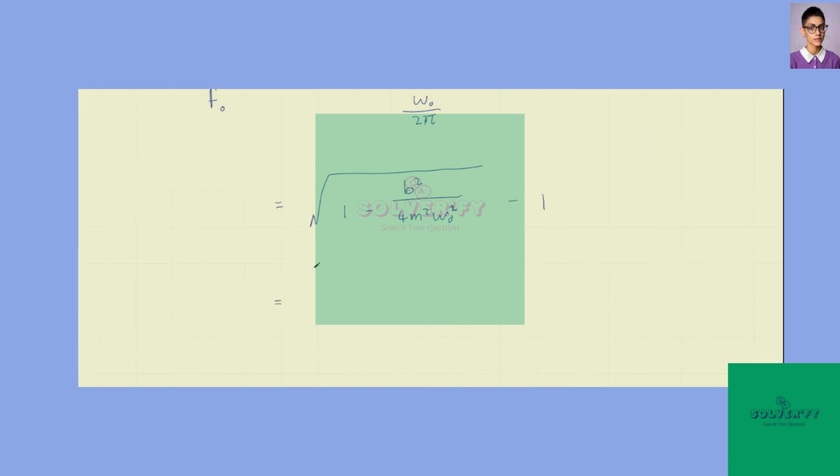And so from the expression above, we can substitute this in for b over 2m, and we get this to be the square root of 1 minus the natural log of 0.94 all squared divided by 16 pi squared, all of this again minus 1.